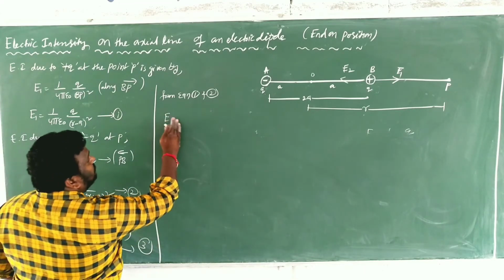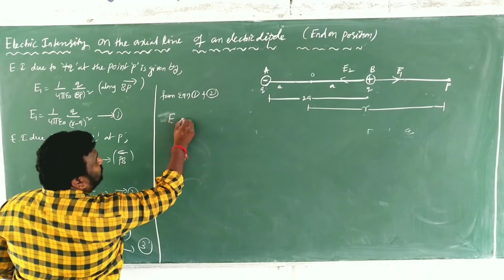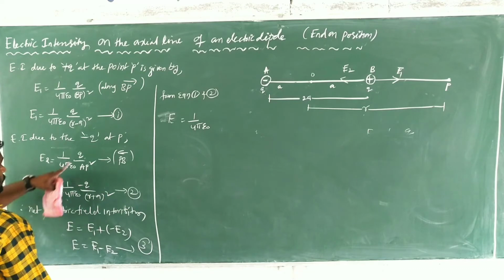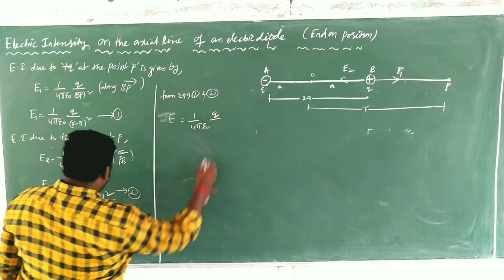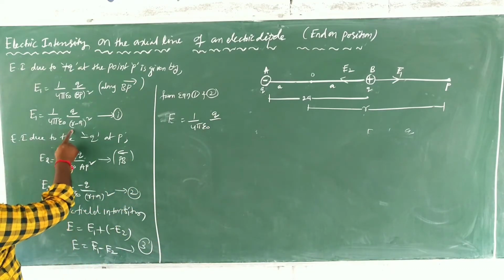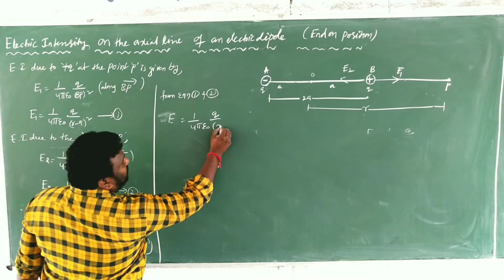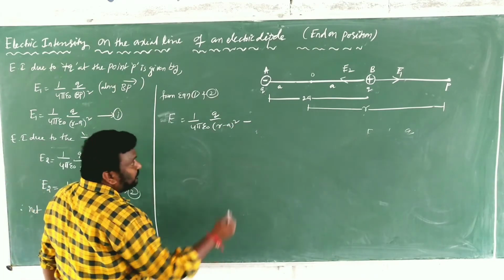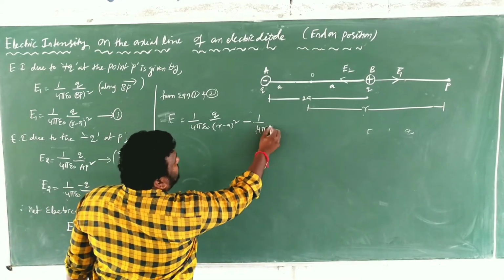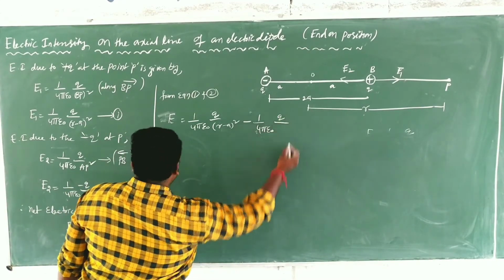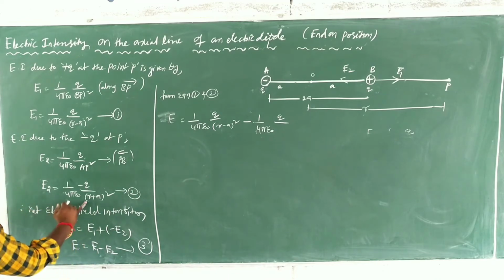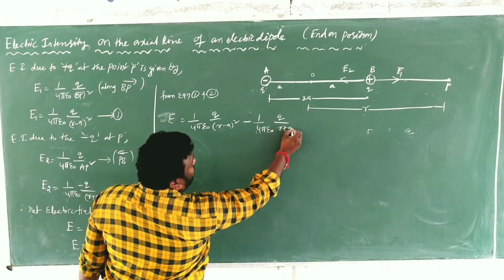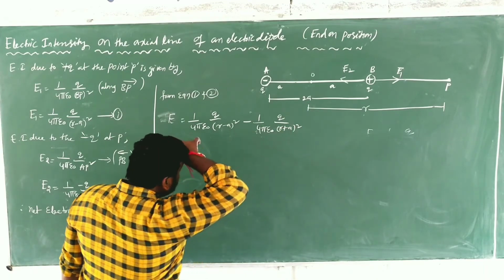E is equal to 1 by 4 pi epsilon naught Q by (R minus A) whole square, minus 1 by 4 pi epsilon naught Q by (R plus A) whole square. So this is the substitution.